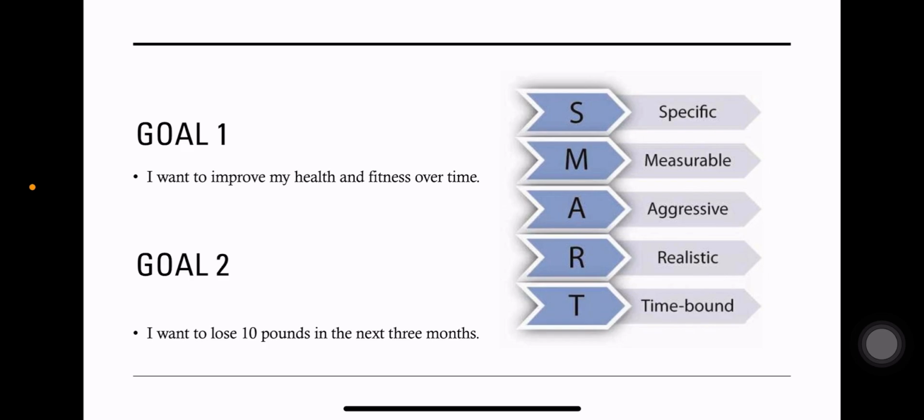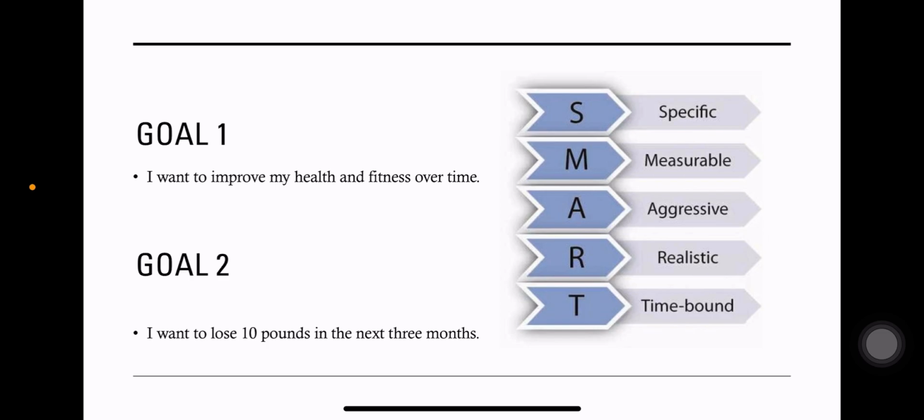And the third term is aggressive. Aggressive is nothing but you have to set your goals difficult, because the ones who have difficult goals would outperform the ones who have easy goals, because the ones who have easy goals tend to take things for granted because they're easy and end up not achieving the goals.